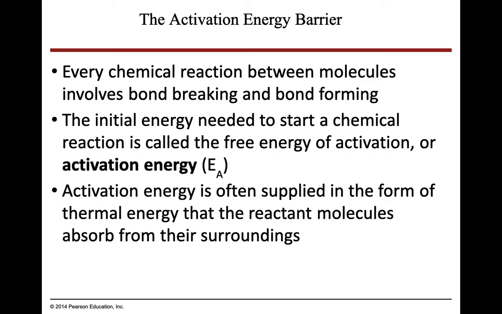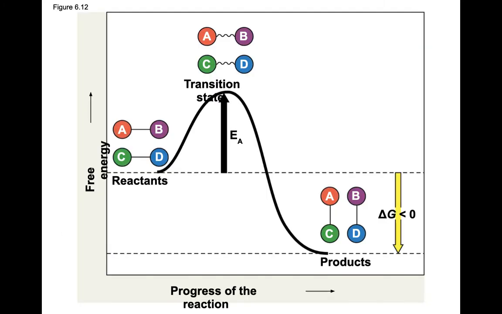It's the amount of energy that we have to invest to make the molecule a wee bit unstable to get it to break apart. This activation energy is often supplied in the form of thermal energy, because as you make molecules heat up, those molecules tend to become less stable, and those bonds are easier to break apart.